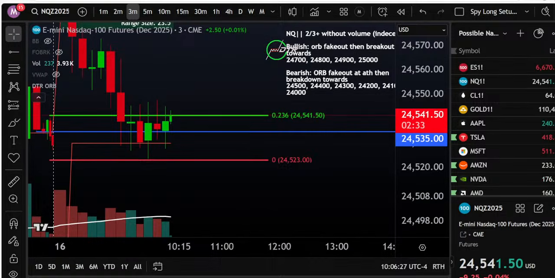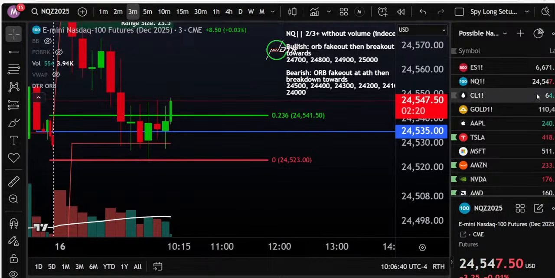Yeah, sounds like you probably got one or two ticks difference on your perceived entry, but still significantly better than 250. You still have a 25% discount. That's pretty good.